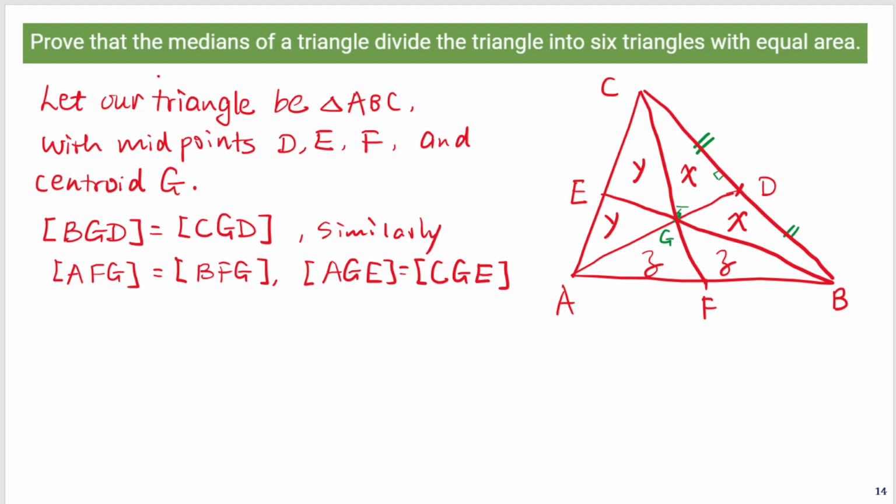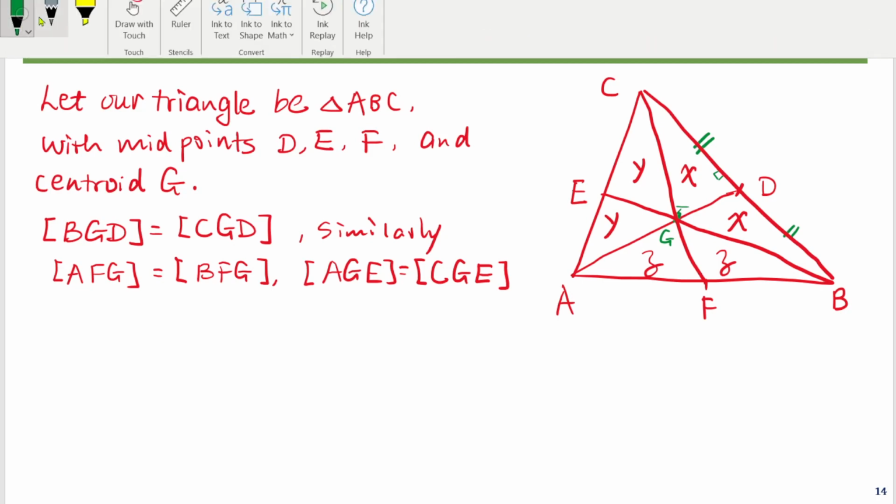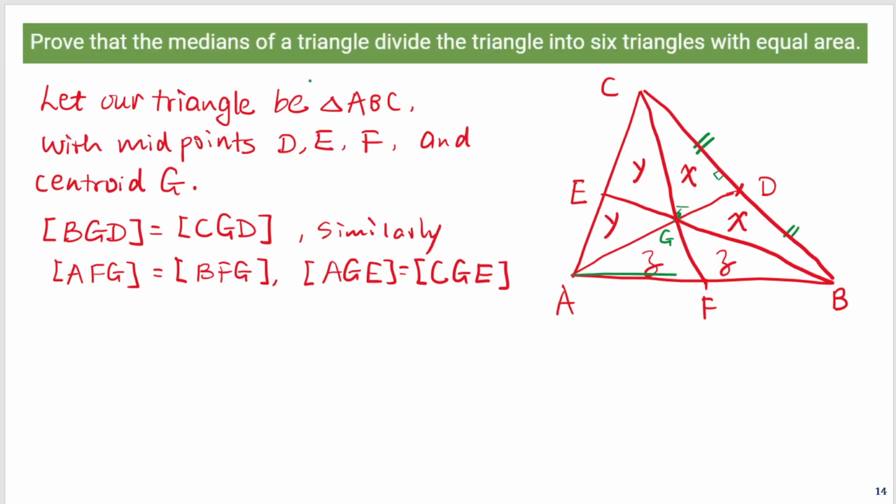If you consider triangle ABD, and triangle ACD, which is this triangle here, they also have the same altitude from point A and the same base because CD equals BD, right? Therefore, we also have the area of triangle ABD equals the area of triangle ACD, right?